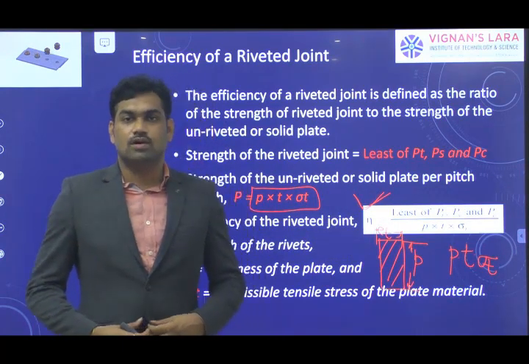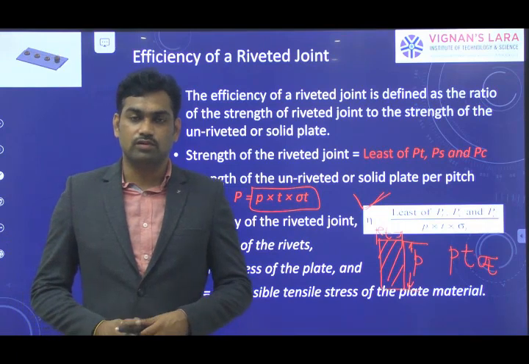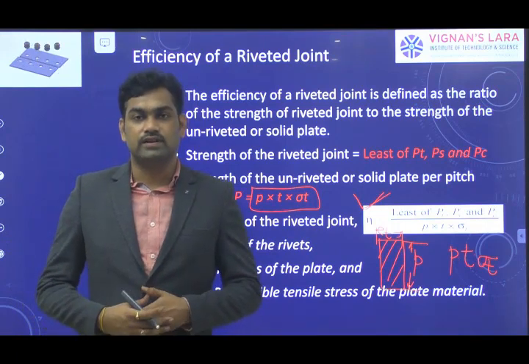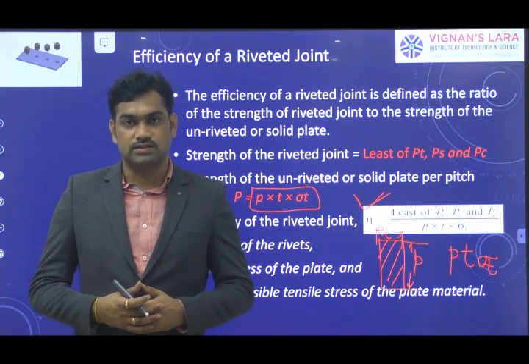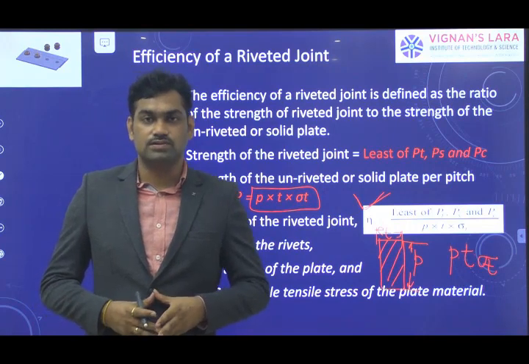Clear? So this is how the efficiency of the riveted joint is found, by calculating all the strengths to avoid the failures.